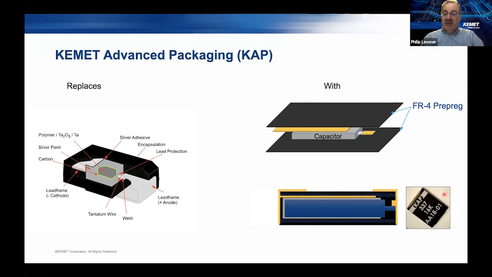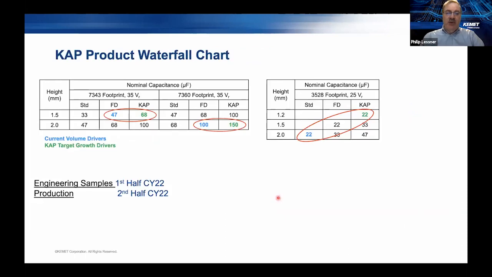And this is the product itself, you know, it looks very much like a standard tantalum surface mount capacitor, but it has much more active capacitor volume inside. So with this KEP configuration, we're able to increase the capacitance in the case by about 50% for these larger footprints.